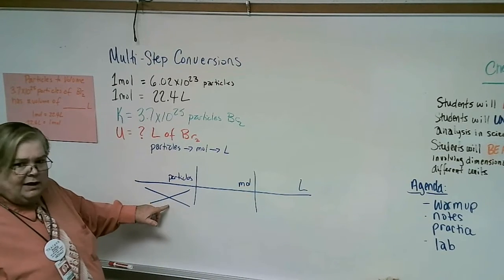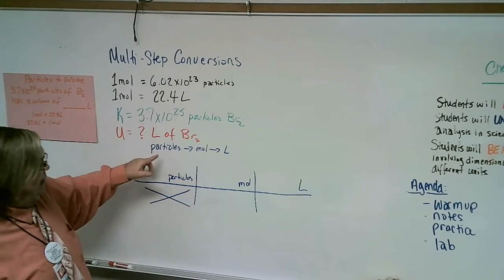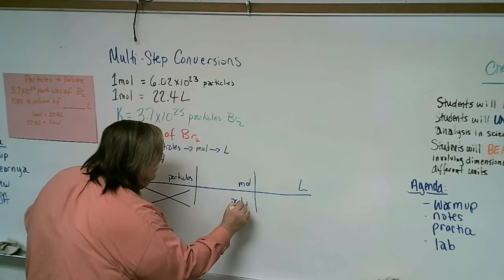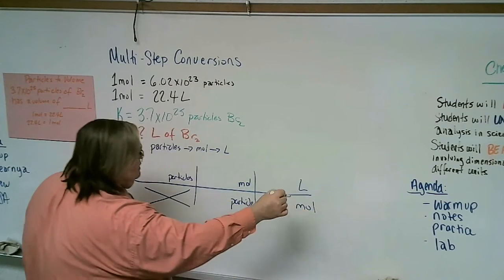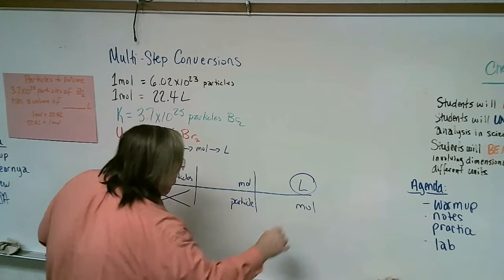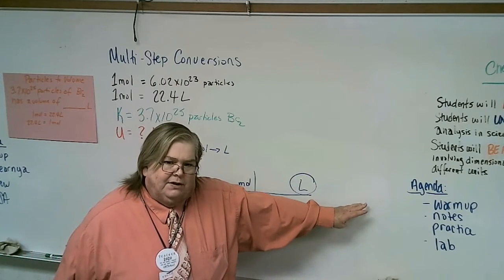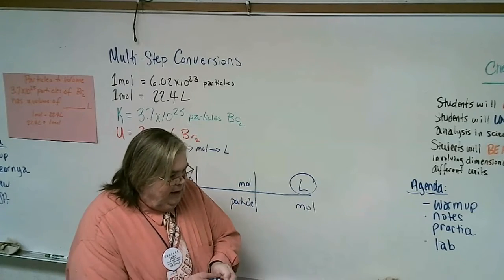We don't have a spot here, so we need to step over 1. Same thing, we start with particles, mole, but since liter is what we're looking for, we don't have to go any farther. So we're done as far as this goes.